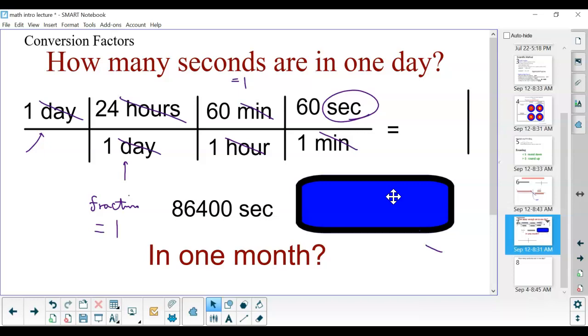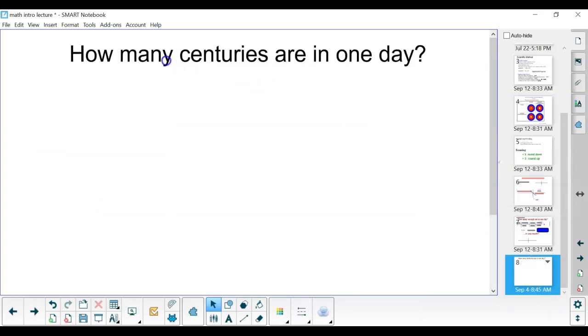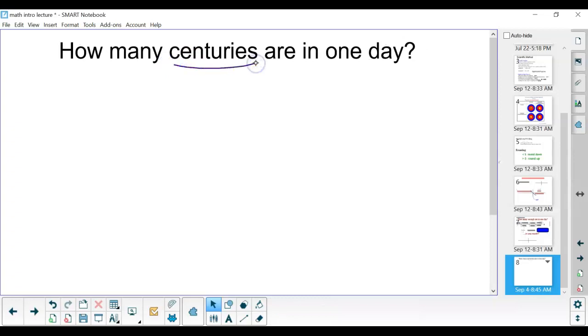How would you do this if you were asked for how many seconds are in a month, or if you look at the last slide, how many centuries are in a day? Now notice, centuries is larger than days. If I asked you how many days are in a century, you could say it's a whole bunch.